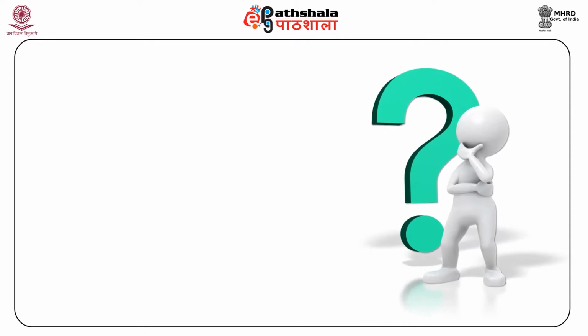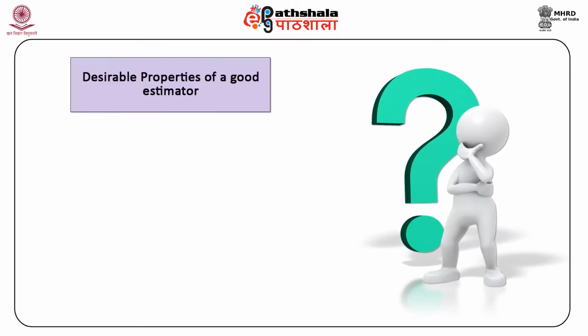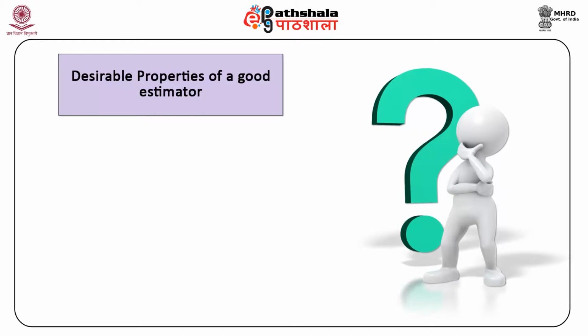We will now specify and explain the desirable properties of a good estimator and see how these can be used to select the best among the available point estimators of a population parameter.